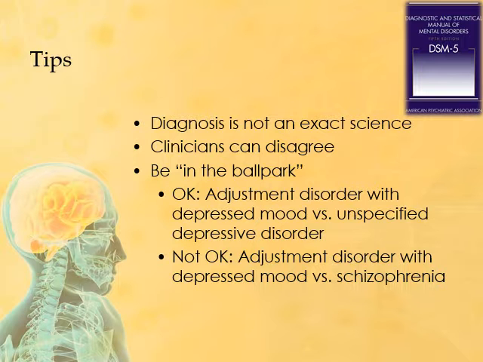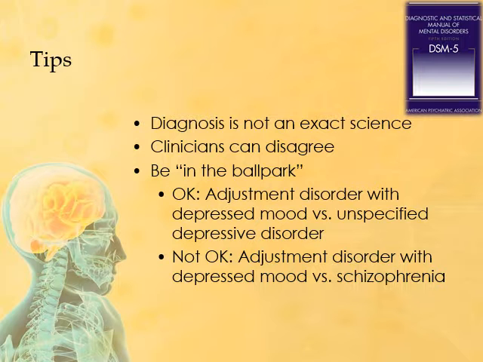For example, it is okay to determine an adjustment disorder with depressed mood versus an unspecified depressive disorder. If you're looking at either of those, they are in the same ballpark. So it's okay to go one way or the other on that, because a person with an adjustment disorder with depressed mood essentially is having depressed mood related to a stressor, which may be job loss or loss of a relationship, etc. Or unspecified depressive disorder means a person is experiencing depressive symptoms but not with any identifiable stressor.